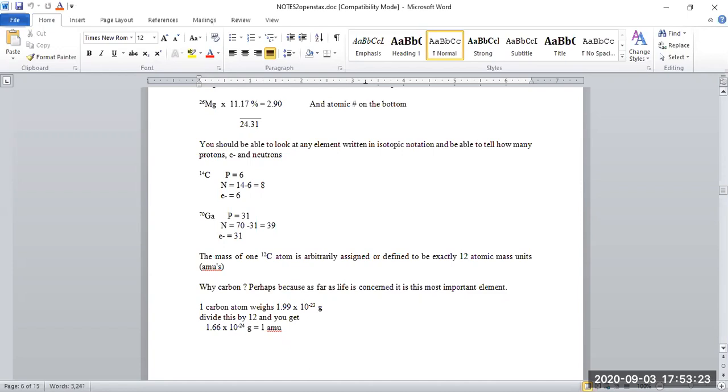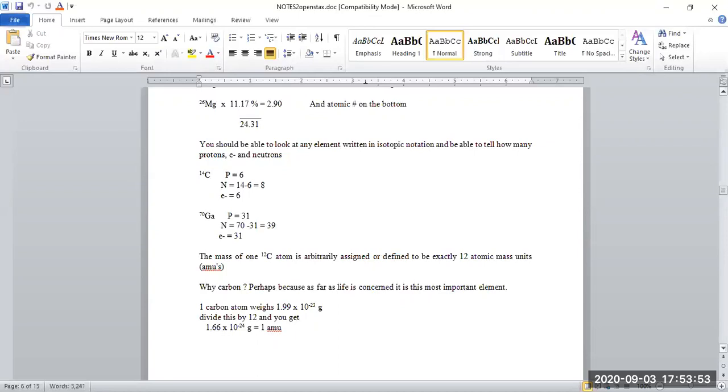Now it's tempting to look at the 14 and go, oh, there's 14 neutrons. No, you actually have to subtract. The upscripted number is never going to be the answer to any of those pieces: protons, neutrons, electrons. I've got to subtract. So 14 minus 6, that'll give me 8.